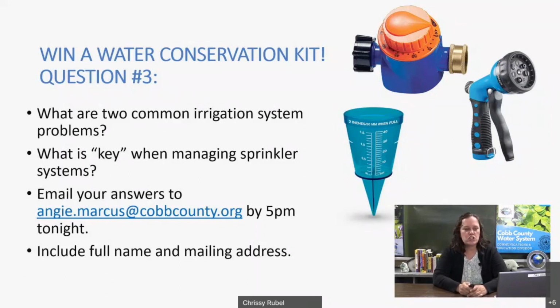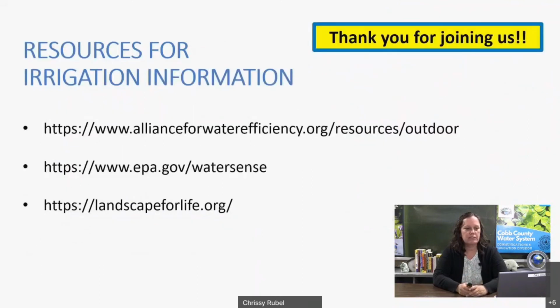So we've got just a couple of minutes, and I want to give you some more resources. Chrissy's actually going to put these into the chat box as well. These are some great resources for a little bit more information, because this was a really brief, quick introduction, just some really quick ideas of some problems you might have. Here we've got 3. The Alliance for Water Efficiency has some great resources for outdoor irrigation.